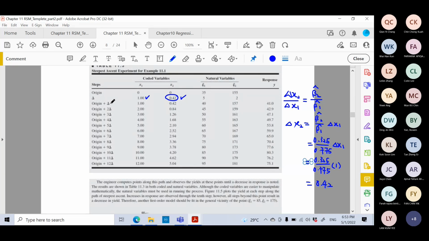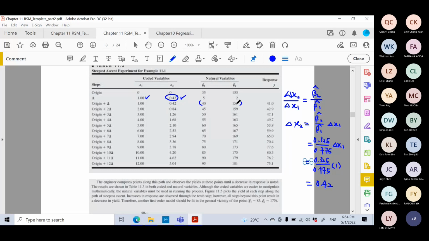So you can see that they increase by every unit, from the origin plus delta, origin plus 2 delta, and so on. When you run the first one, under this condition of 40, the first variable is the reaction time, 40, and the second is the reaction temperature, 157.